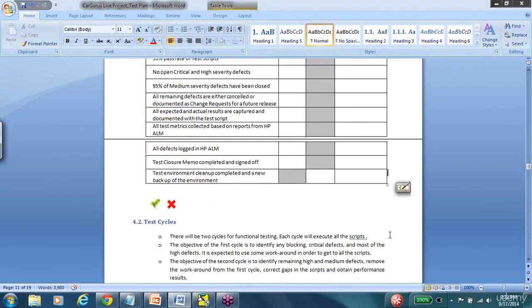So how will we come up with a list of exit criteria? One is that the QA lead will do this based on their previous experiences. The other is that you will have to talk to your management team and the client and see how far they are willing to go. What is it that they're looking for? What kind of expectations do they have? And then you will have to write it.